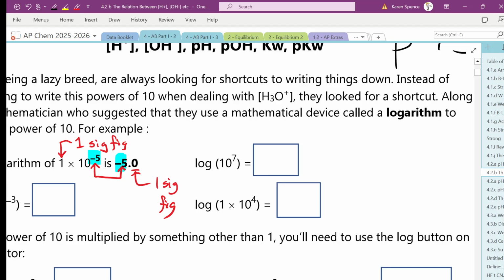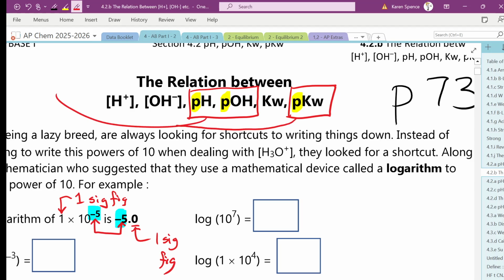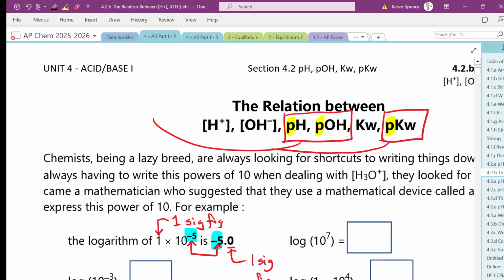Okay? Oh, not that one. Sorry. No. Not Kw. pKw, though. So all the P's, only numbers after the decimal are significant.